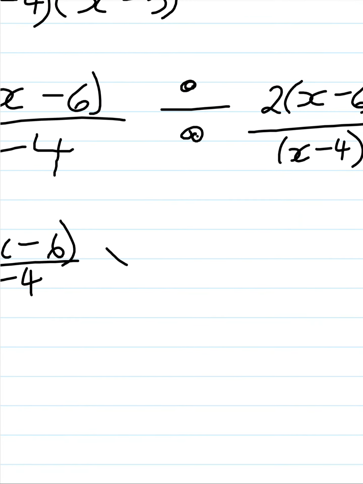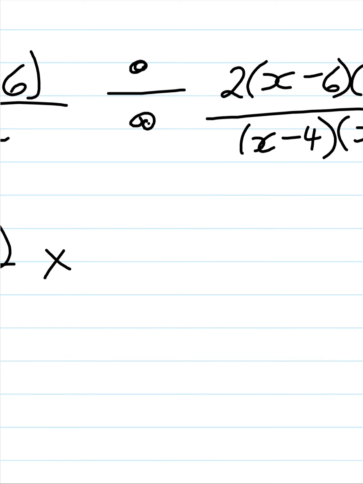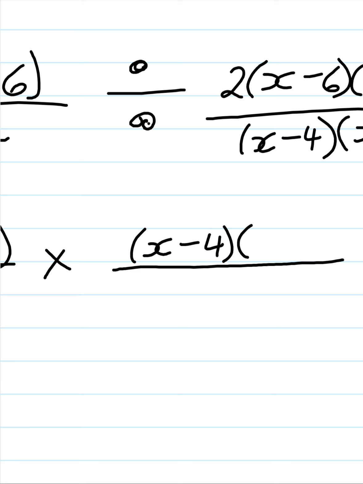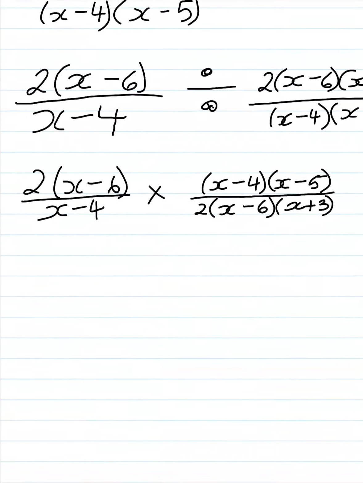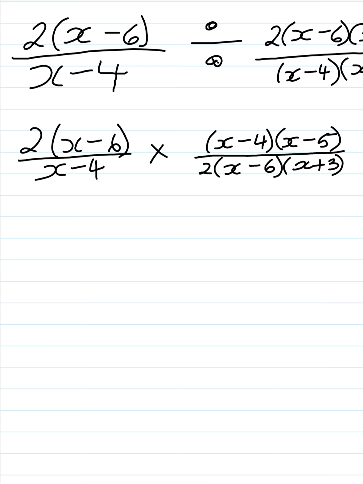We change the sign to a multiply, and we flip the second one. So we get x minus 4 times by x minus 5 on the top, and 2 lots of x minus 6 times by x plus 3 on the bottom. This is what we now need to simplify to get our final answer.